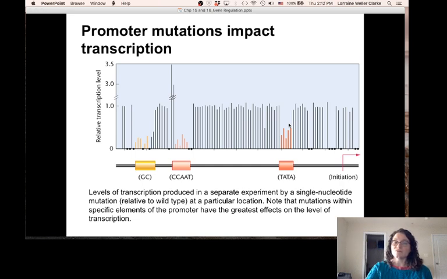So promoters are extremely important, and that's why the person in our case study had such an issue. She realized that the promoter mutation that she had was going to create very low expression of the gene, because she had the whole gene there, but not the promoter proper. And that means very low transcription, and that means that cystic fibrosis would express.